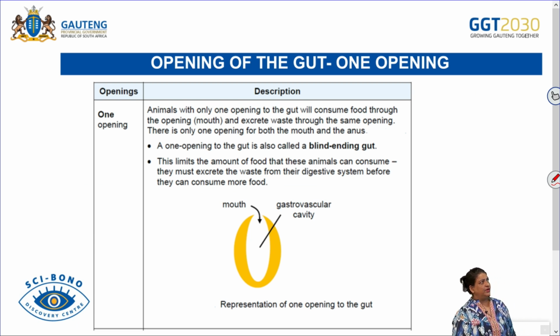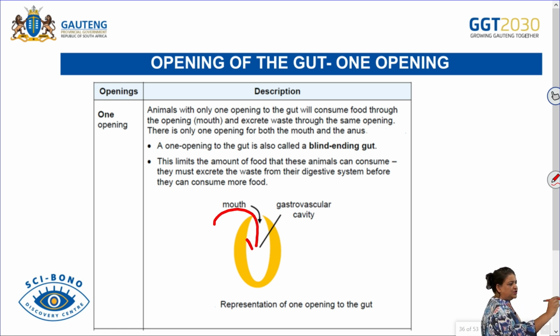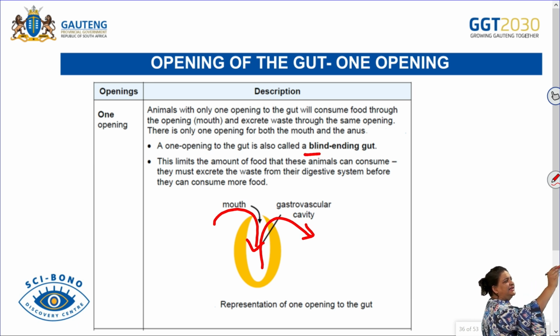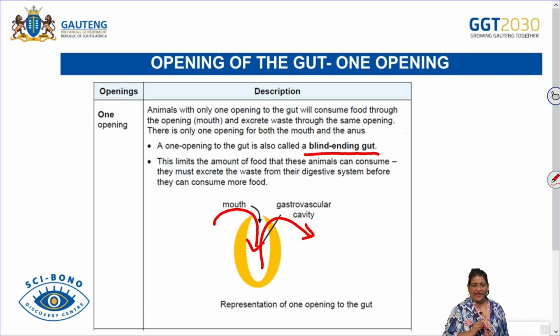Now, let's look at the different openings. Né? So, when an organism has only a mouth to take in food, and undigested food also leaves through the mouth, one opening, that is called a blind ending gut. Not two openings.